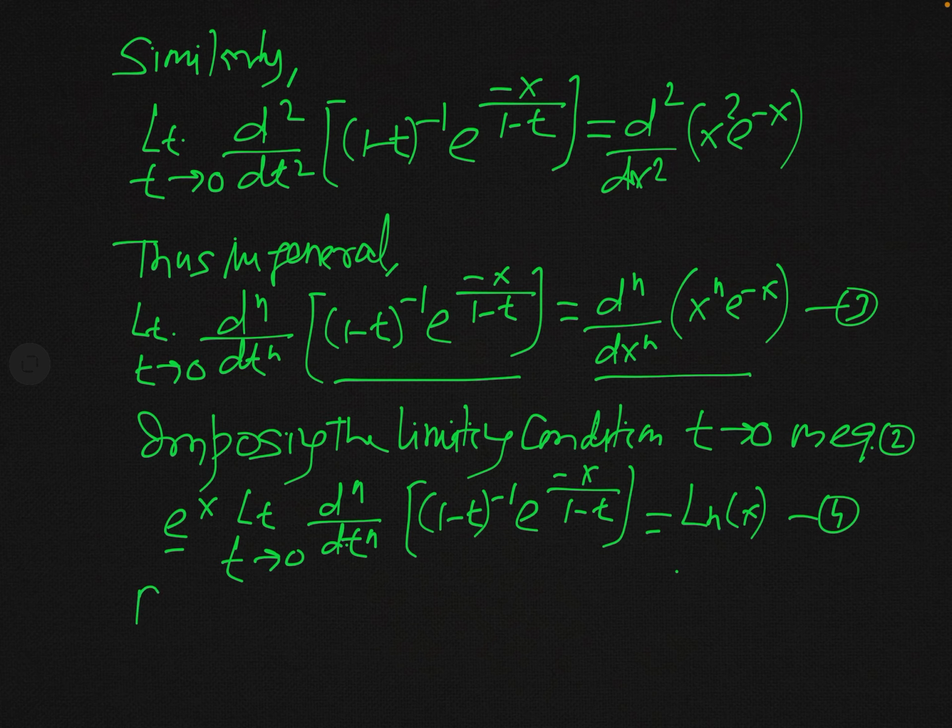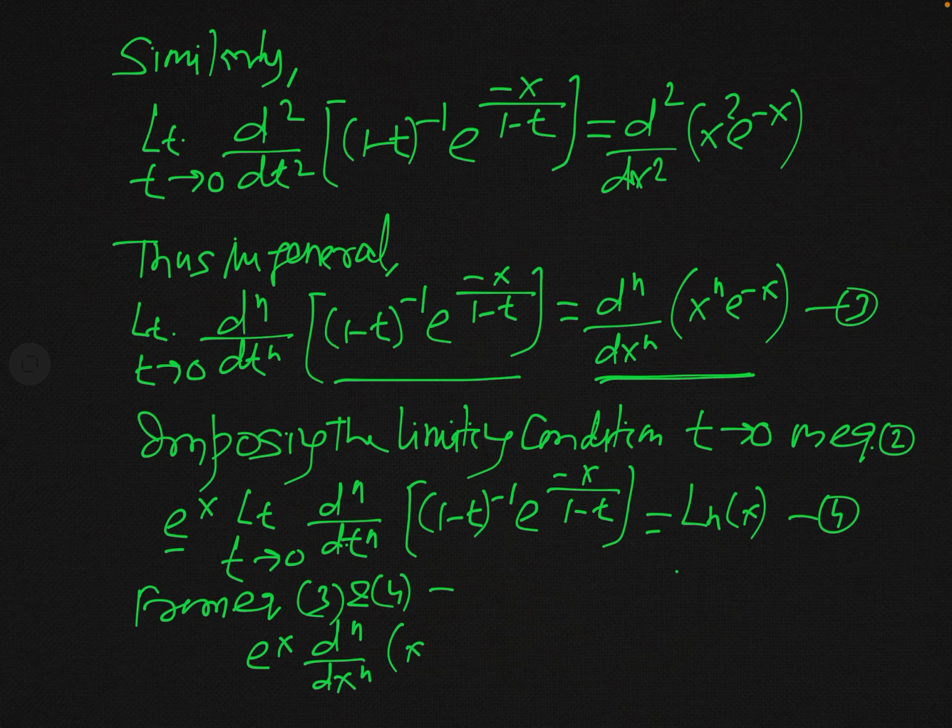So from equations 3 and 4, what will you get? See here, in equation 4 there is e raised to the power x, and instead of this limiting term from equation 3, we can write dn dxn of x raised to the power n e to the power minus x, and this is equal to Ln of x.